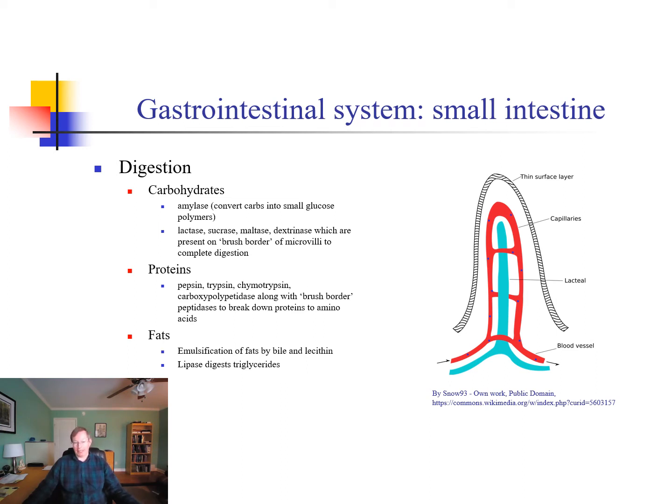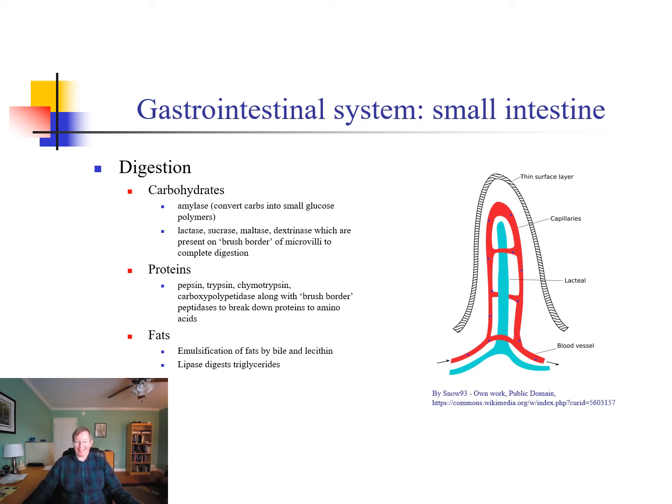So what's happening here? So carbohydrates, proteins, and fats are what I'm going to actually bring into the body in some form. The carbohydrates have been digested in large part with the amylase, and this breaks them into small pieces of sugars. And there are separate enzymes on the microvillus cells that actually will finish off digestion.